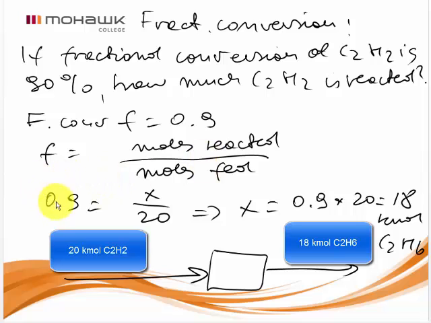So 0.9 would be equal to X divided by 20. X would be equal to 0.9 times 20, which is equal to 18 kilomoles. So this is the fractional conversion. When we look at the process flow diagram, we have 20 kilomoles of C2H2 fed into the reactor, and we convert 18 kilomoles to C2H6.